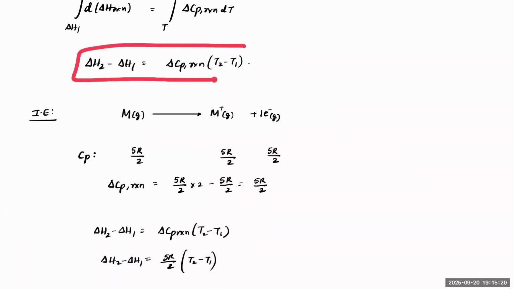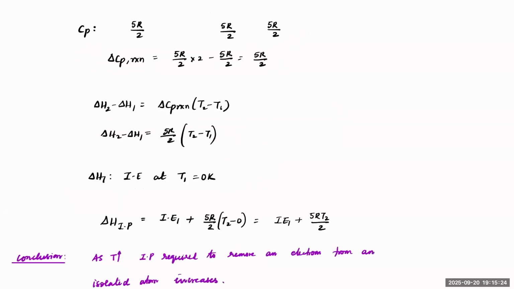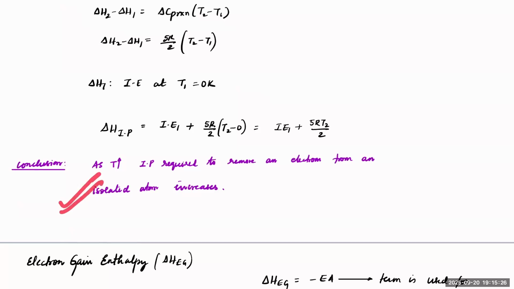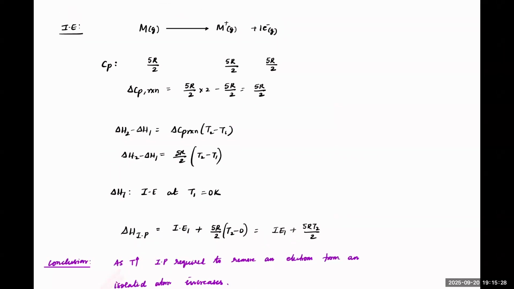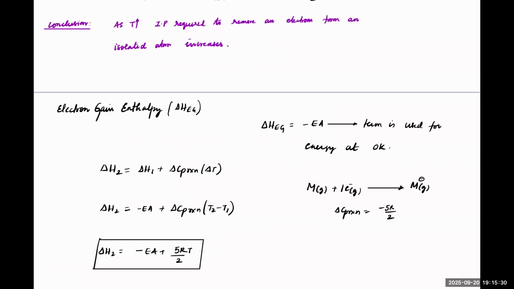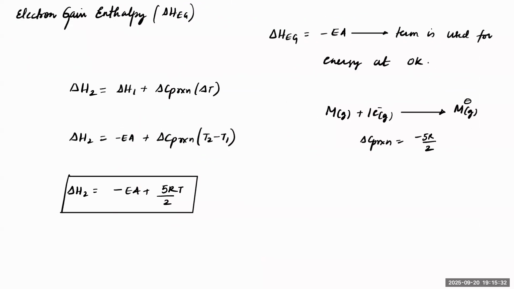This is how Kirchhoff's equation, or Kirchhoff's law, to express the delta H values is useful in the case of ionization enthalpy. Similarly, the second application is electron gain enthalpy. You know that electron gain enthalpy can also be expressed as electron affinity.